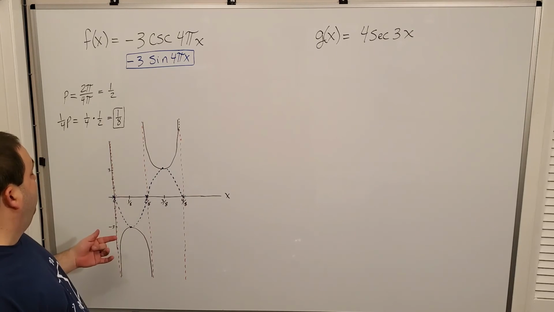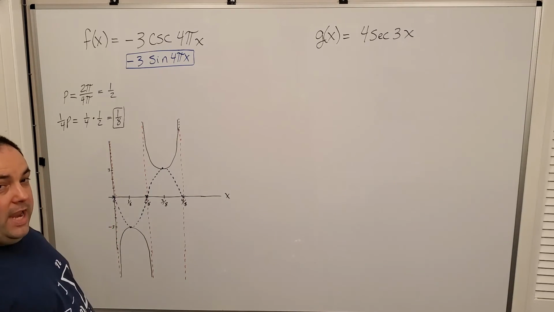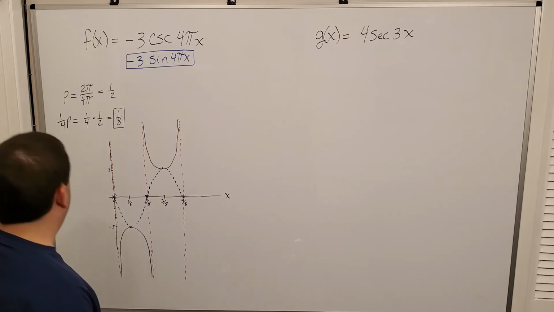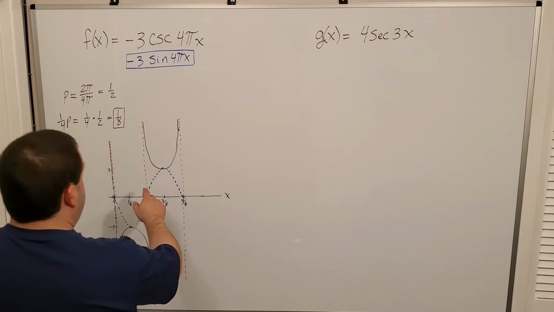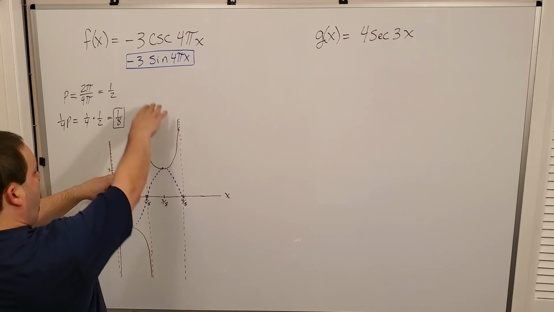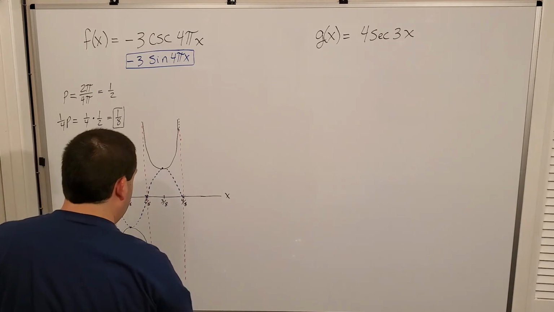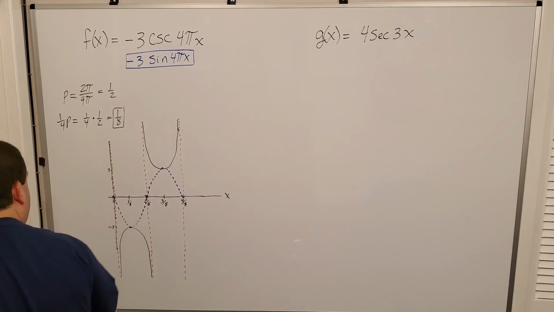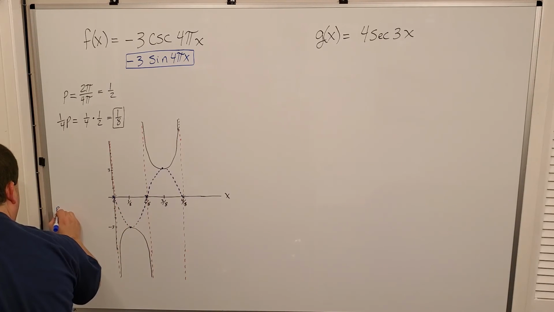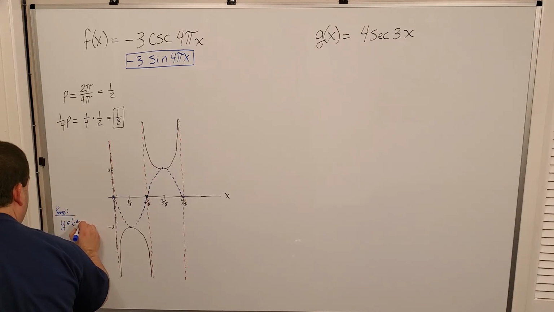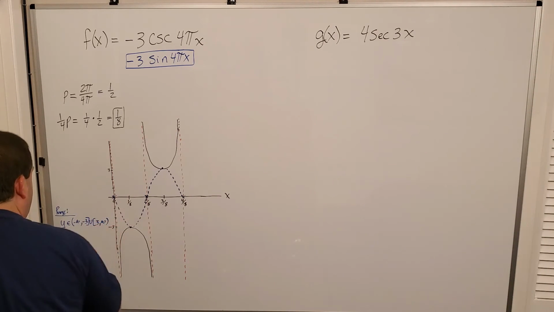So the only other thing to discuss would be the domain and the range. Okay, well, the range, as you can see, is going to be above 3 and below -3. So let's write that in. My range is where y is -infinity to -3, union 3 to infinity.